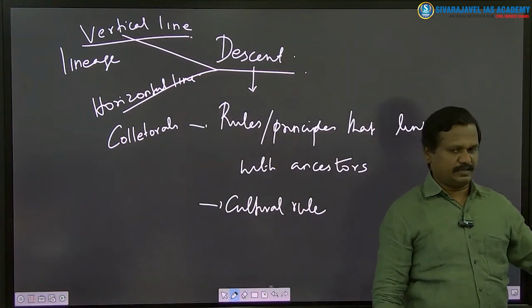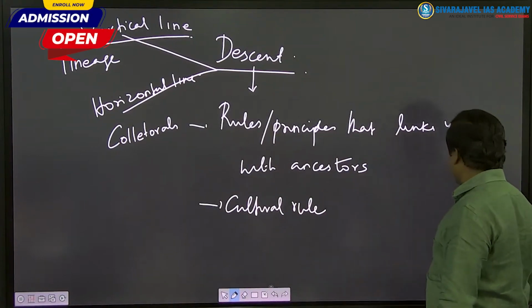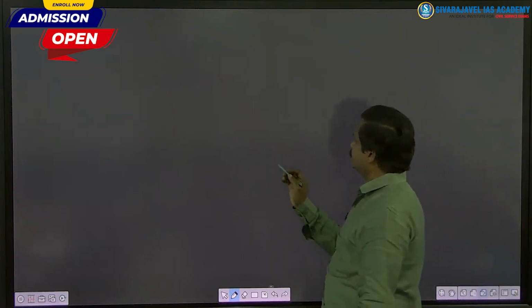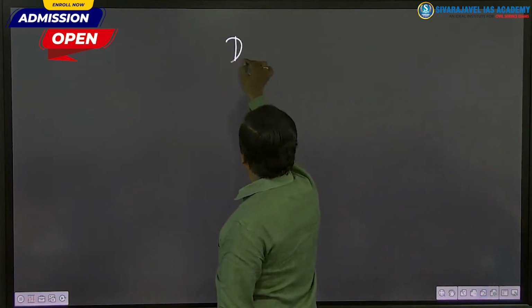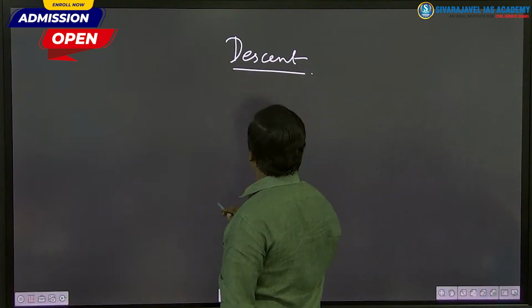Lineals and collaterals. I'll explain this using a kinship diagram. So this is descent.